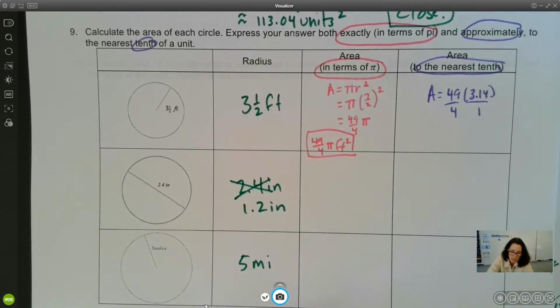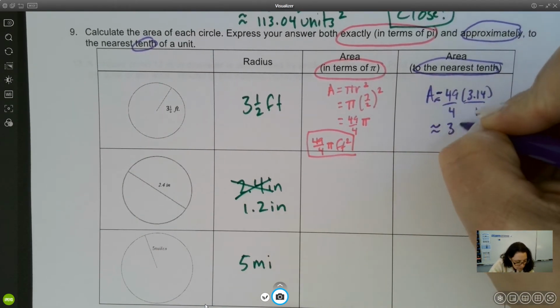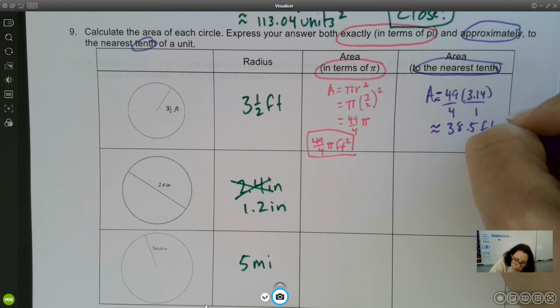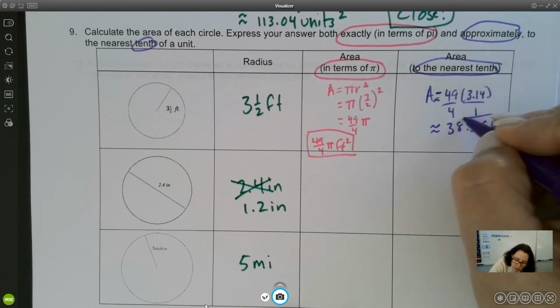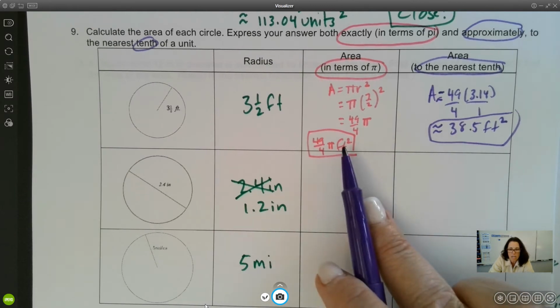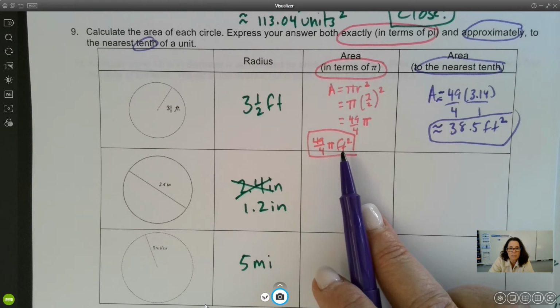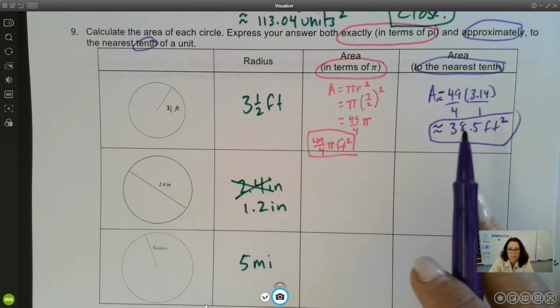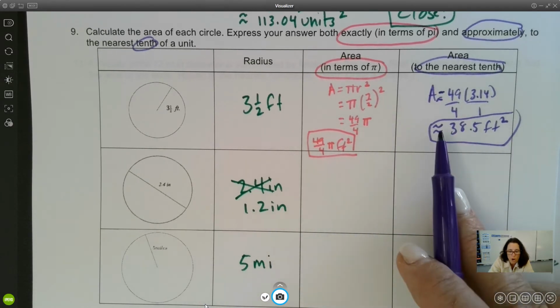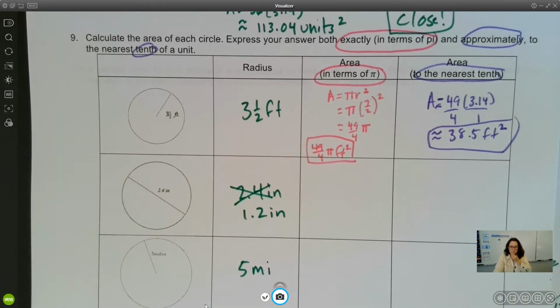And you're going to see, to the nearest tenth, 38.5, and we're still in feet squared. Okay, these are the exact same answers. But this one's in terms of pi, leaving it exact. And this one is rounded, approximated to the nearest tenth using 3.14.